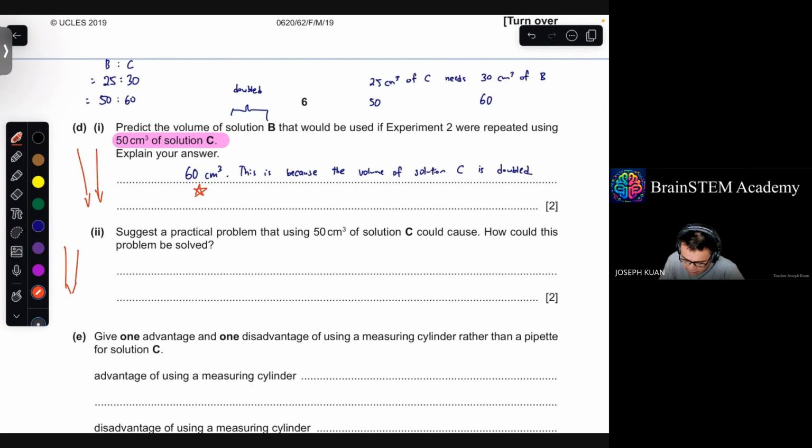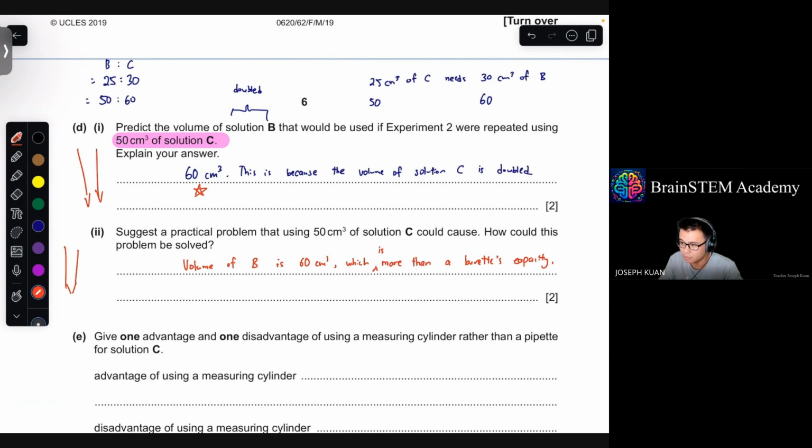So 60 is slightly too much. You need to fill in the burette twice, essentially. So the problem here is that the volume of B is 60 cm³, which is more than a burette's capacity.